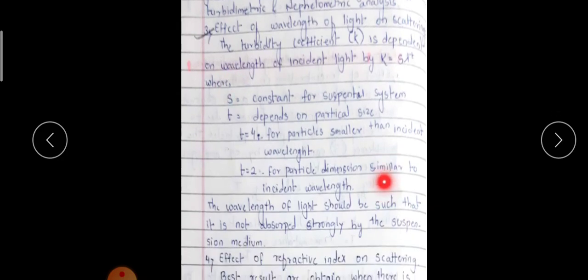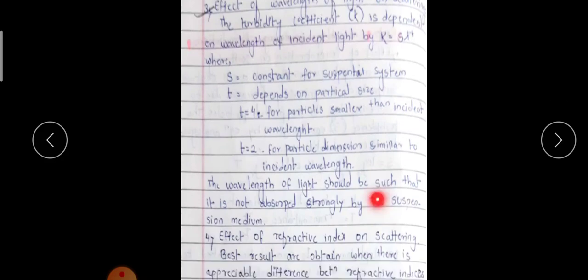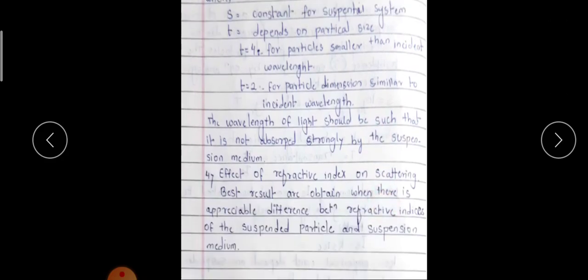T is equal to 2 for particle dimensions similar to the incident wavelength. The wavelength of the light should be such that it is not absorbed strongly by the suspension medium. Effect of the refractive index on scattering. Best results are obtained when there is appreciable difference between the refractive indices of the suspended particle and the suspension medium.